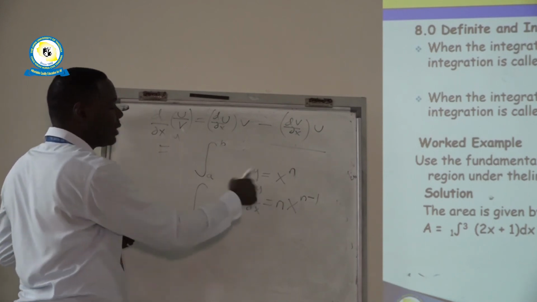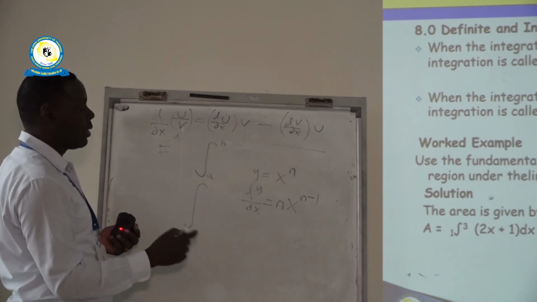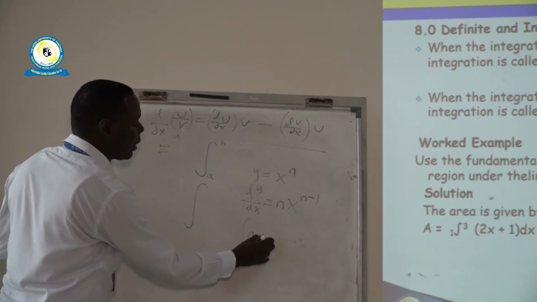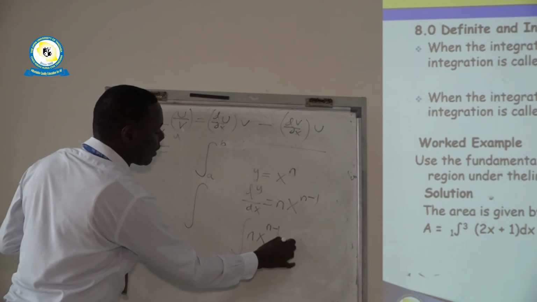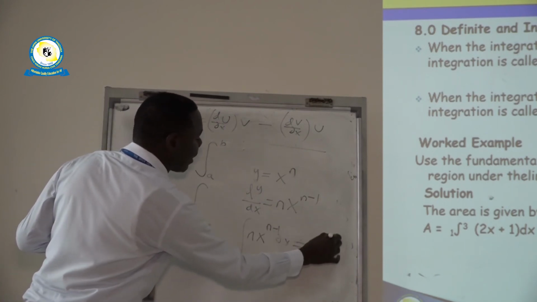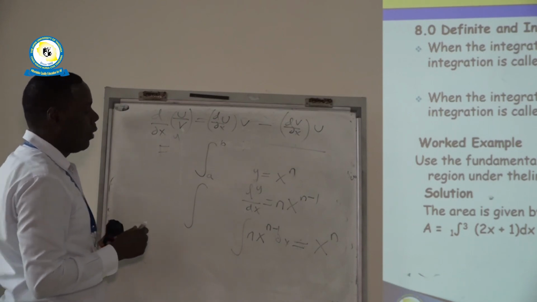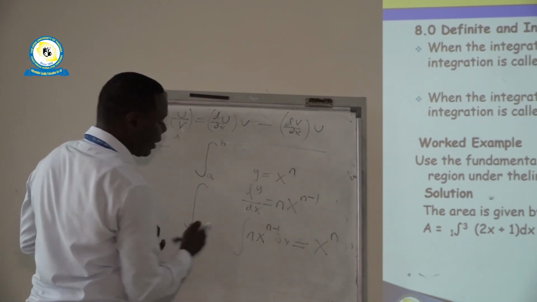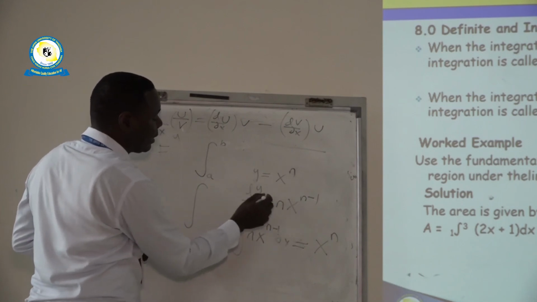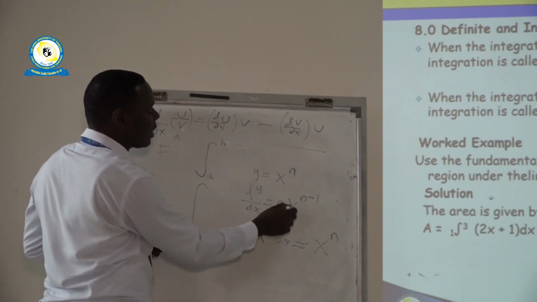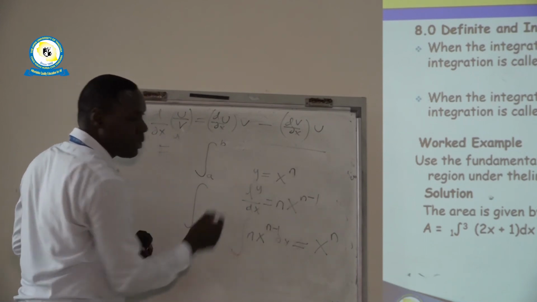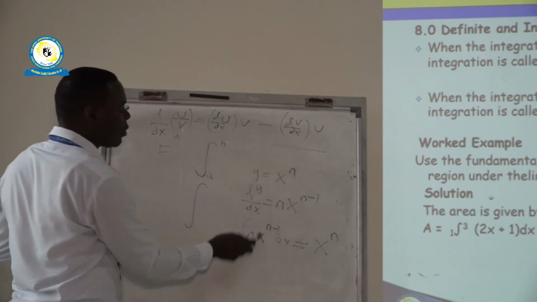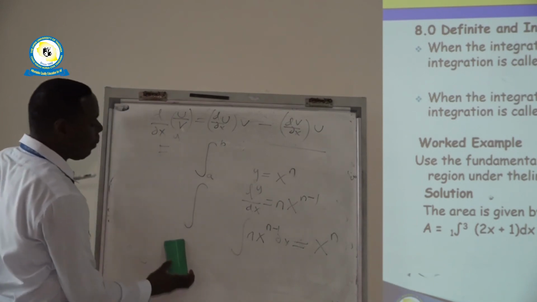Now, when we say its inverse is the integral, we mean that if you integrate n x exponent n minus 1 dx, you end up with x exponent n. So if we integrate the answer for the derivative, you end up getting the original equation itself. So they are opposite to each other.